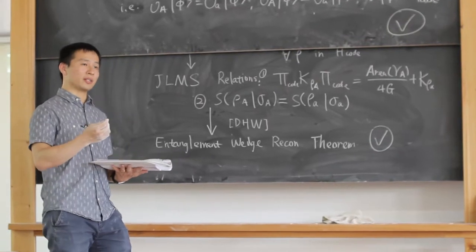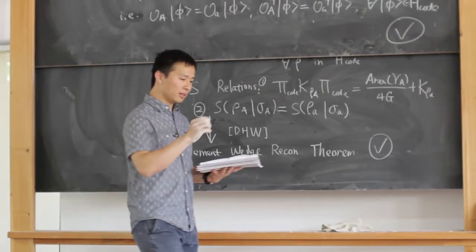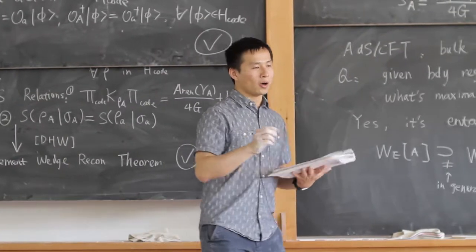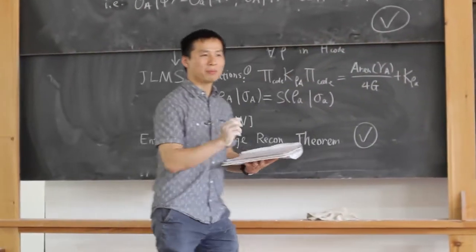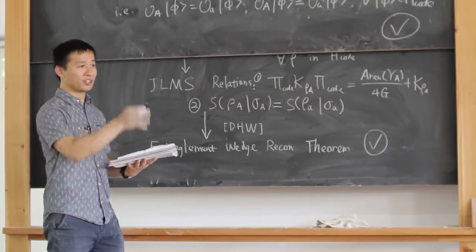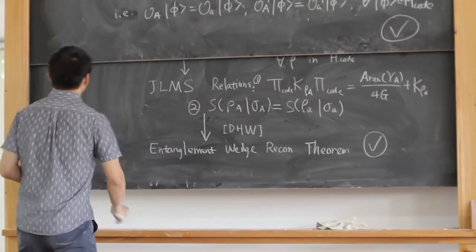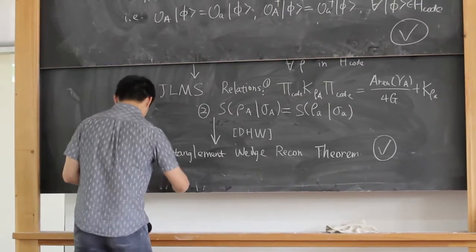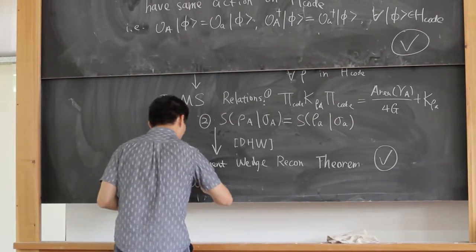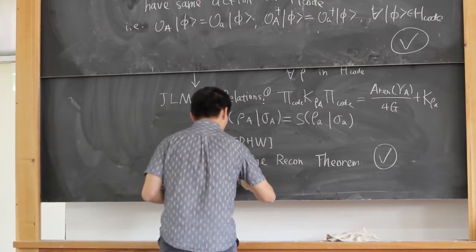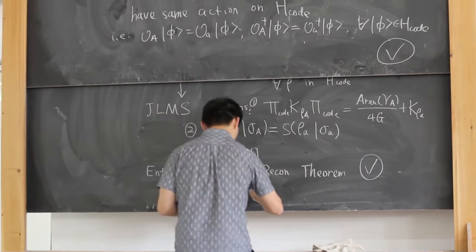It's special because any local thing in the bulk is either in the entanglement wedge of A or in the entanglement wedge of the complement of A, because they share the same extremal surface. So that means we have some sort of complementary recovery property for the kind of quantum error correcting code that AdS/CFT is.